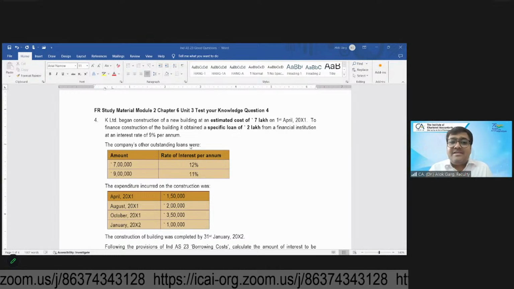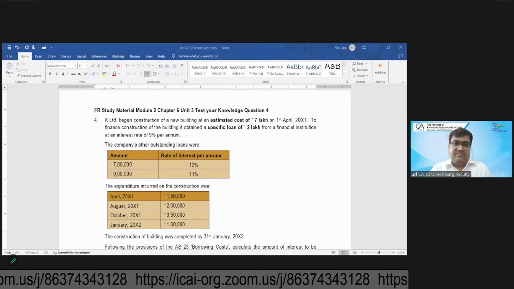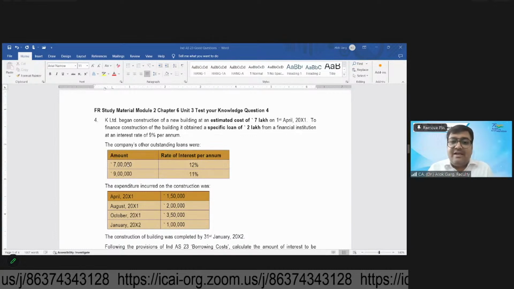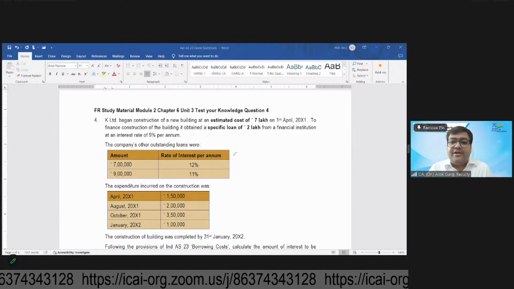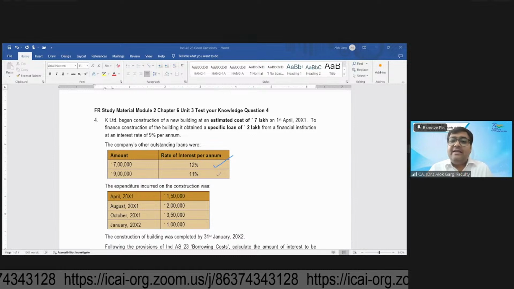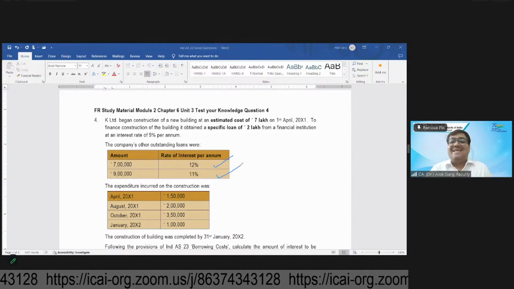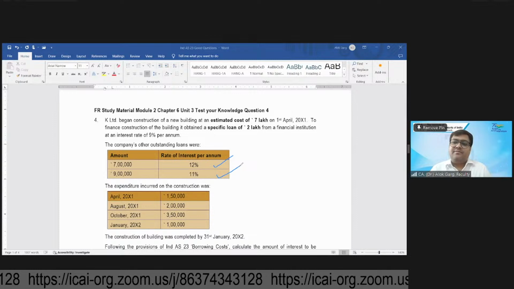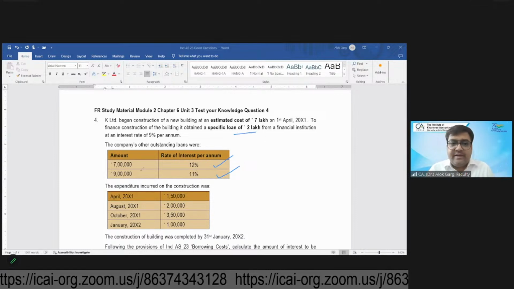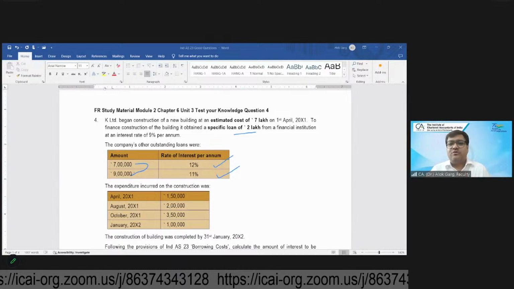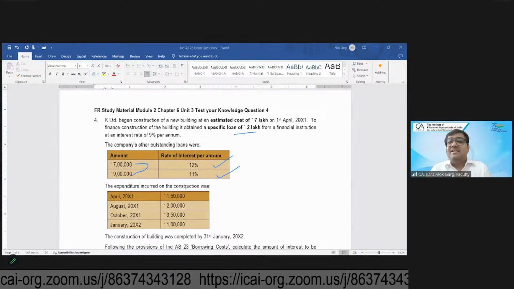The company's other outstanding loans were 7 lakh rupees of loan which the company has taken at an interest rate of 12%, and 9 lakh rupees of loan at an interest rate of 11%. So 2 lakh rupees is the specific loan, and there are two general pool loans also, 7 and 9 means 16 lakh rupees of loan.